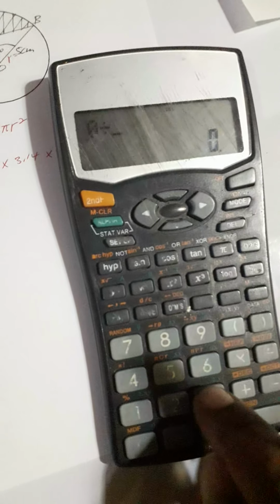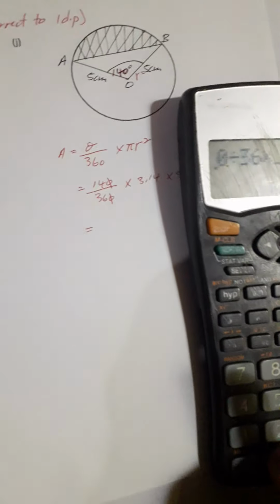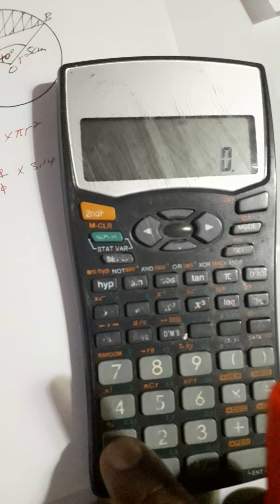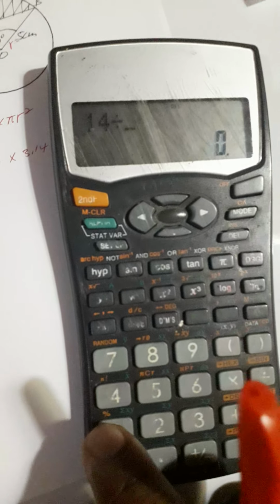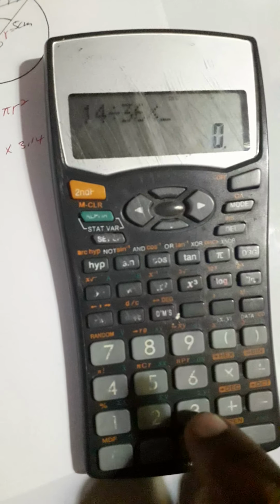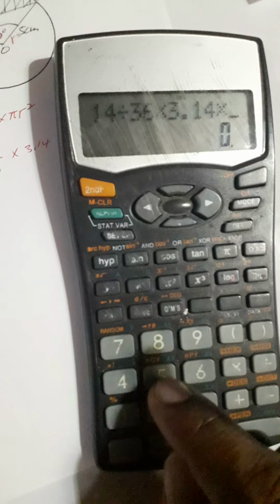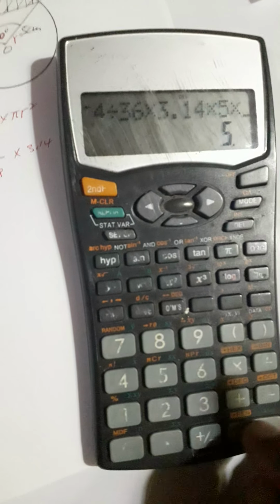So what do I have now? 14 divided by 36 times 3.14 times 5 times 5.